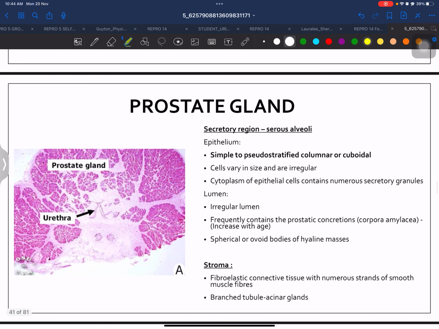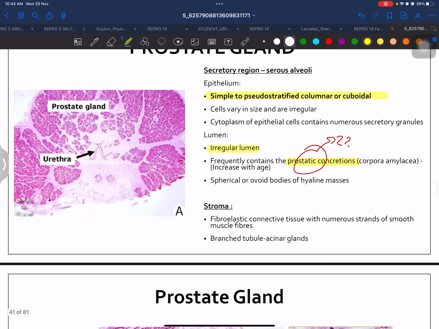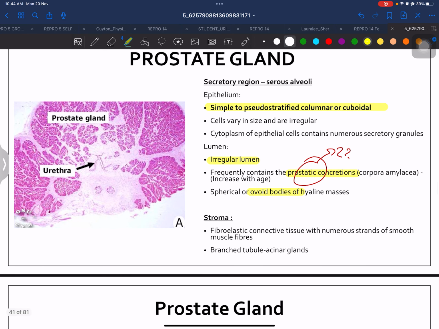And frequently inside the lumen you can see the prostatic concretion, or known as corpora amylacea, which can be found in older persons. In younger persons you cannot have this prostatic concretion. It can only be found in older people.